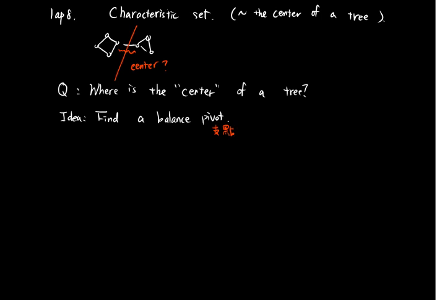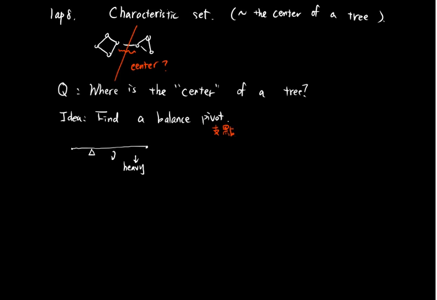Okay, so imagine that you have a stick. Okay, and then you put a pivot here, or just you put your finger there. And you have a ruler or a stick, and then you will see that, okay, this is too heavy. Right? It will tilt to the right hand side, right?